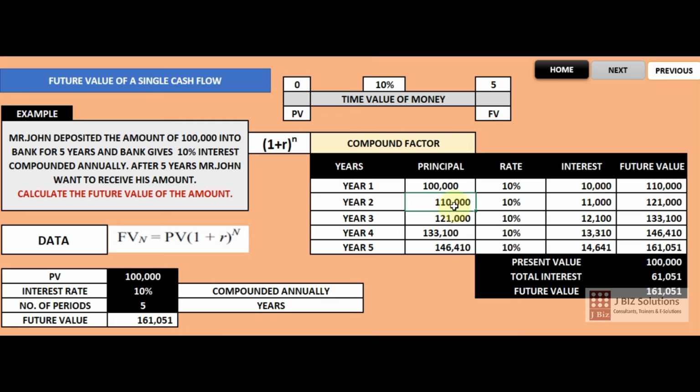This concept continues with years 3, 4 and 5. At the end of year 5, the total accumulated amount is $161,051. So Mr. John deposited 100,000 at time period 0. This is called the present value, and the total accumulated interest is 61,051. At the end of year 5, the future value is 161,051.